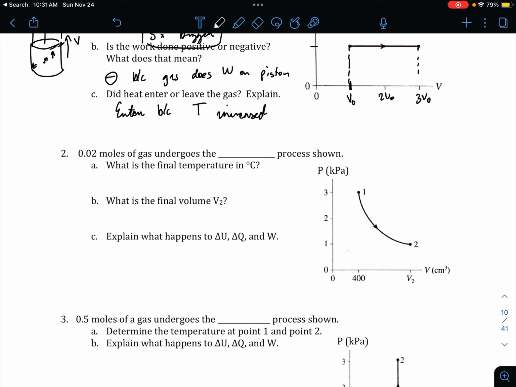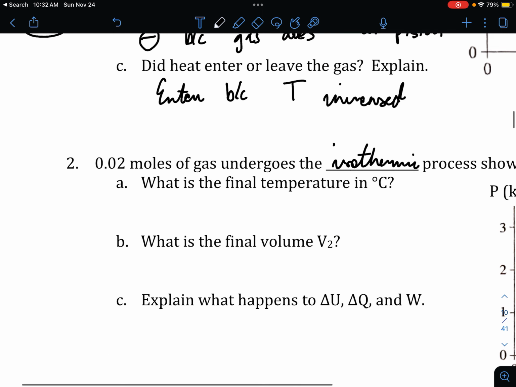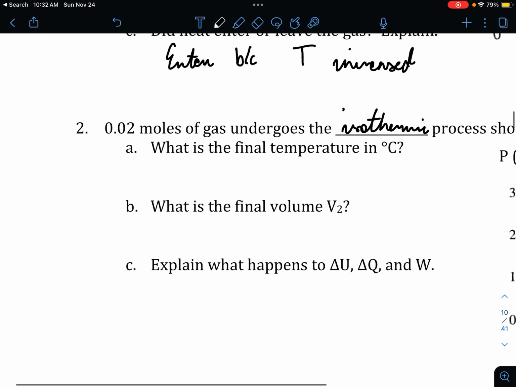It must be isothermal. This makes sense because isothermal graphs make that 1 over x, rational kind of graph. What is the final temperature in C? I'm not going to lie, I actually don't know how to do this question. I guess I should do 2B first.